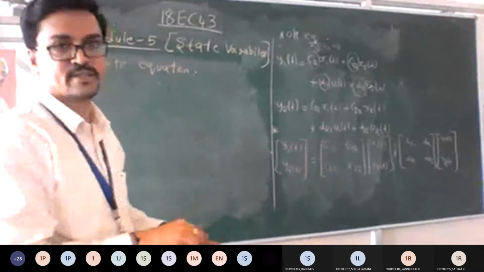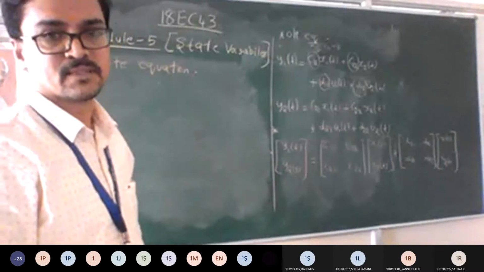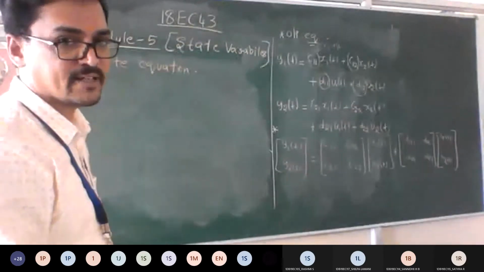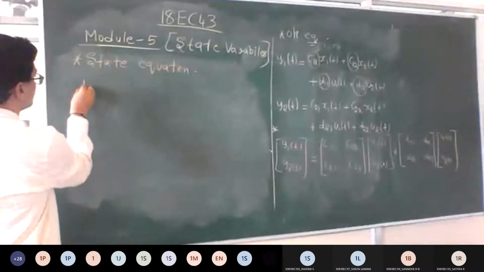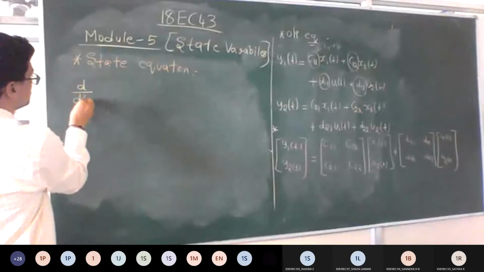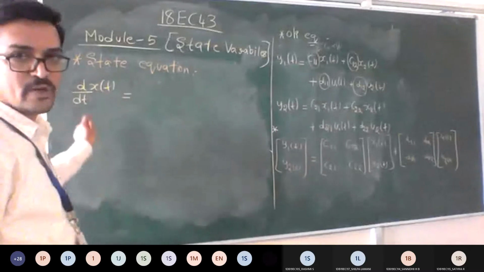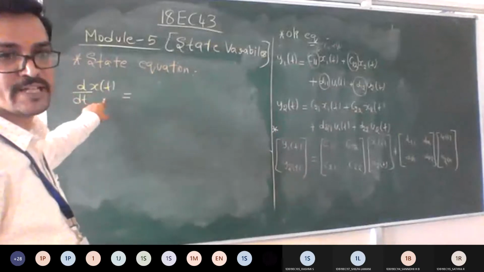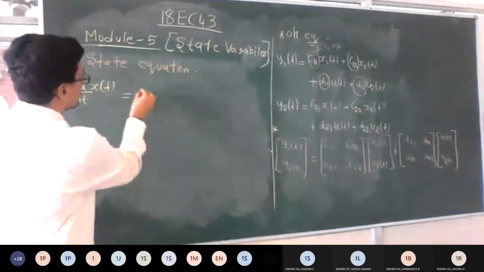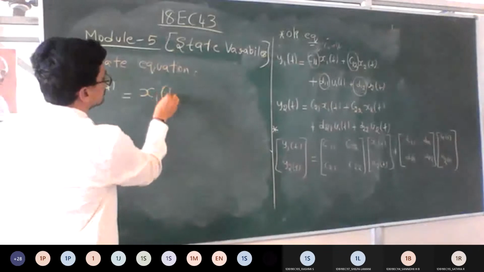So go with a state variable. One thing you need to remember carefully, guys: I am going to represent a differentiation here. Whenever you find the differentiation of any x of t, you can represent that in this form also.